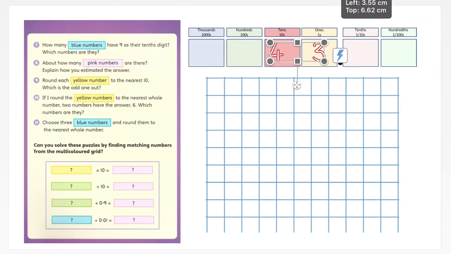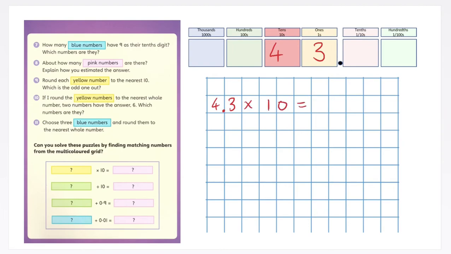Yes, I am. Timesing by 10 means moving them along. So 4.3 becomes 43. 4.3 times 10 becomes 43, because when you times by 10, all the digits move one place left.